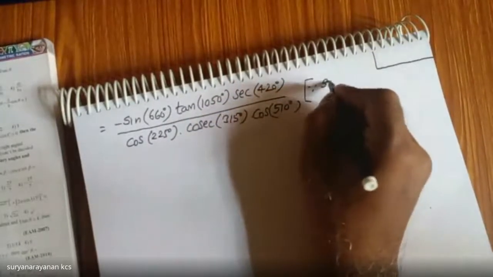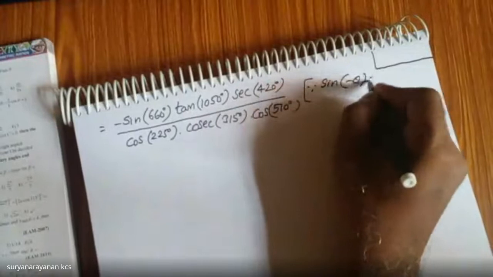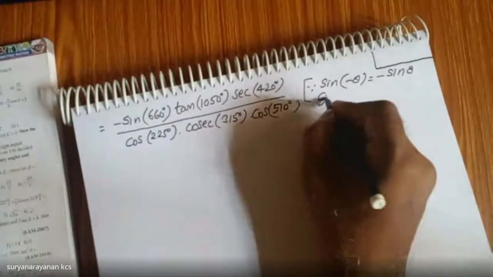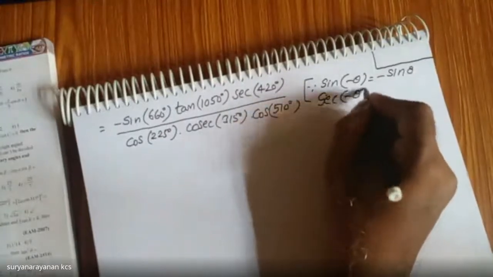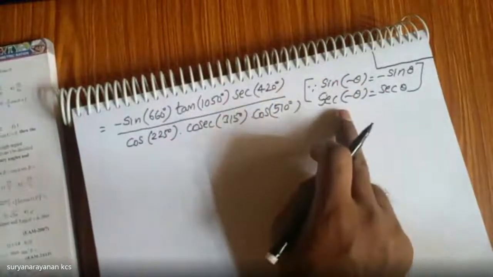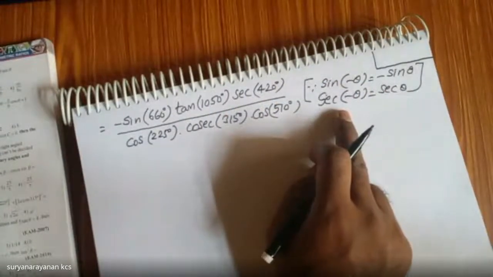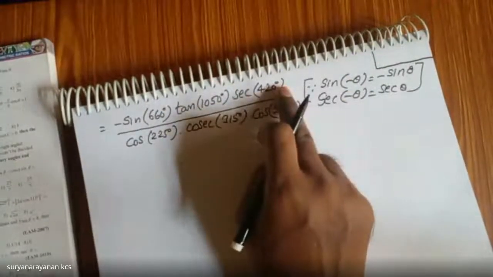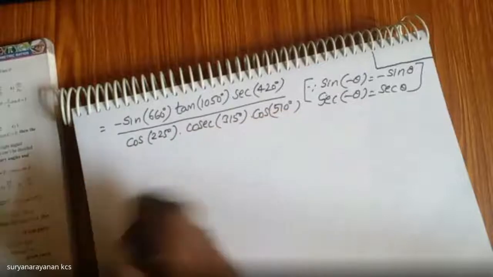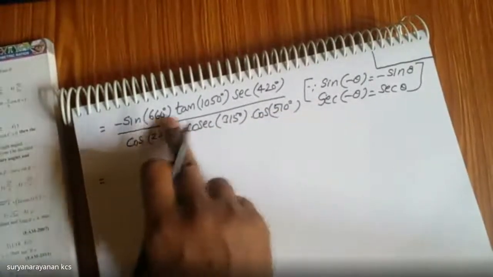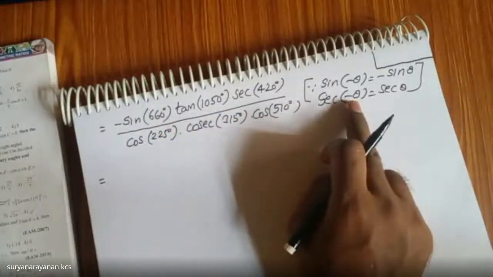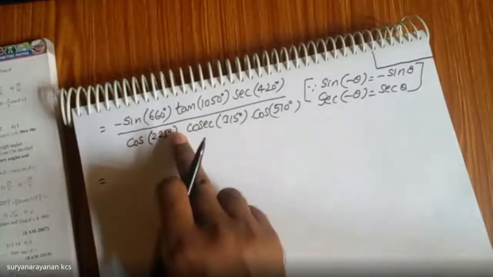Because sine of minus theta is equal to minus sine theta, and secant of minus theta is equal to secant theta. We used only these two trigonometric identities in the numerator and wrote the denominator as it is. We made all the angles positive angles. That is the main reason we followed this step.